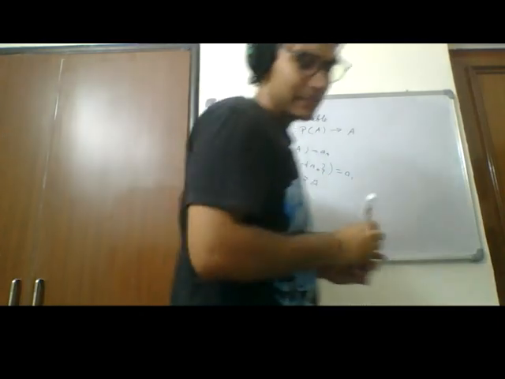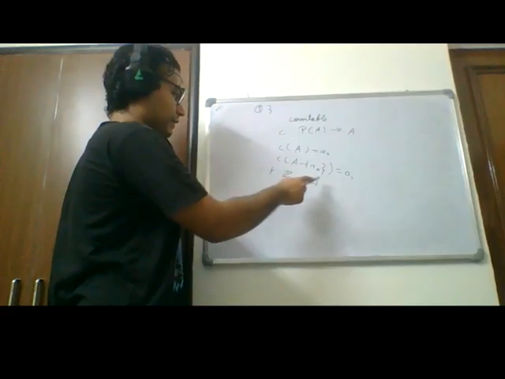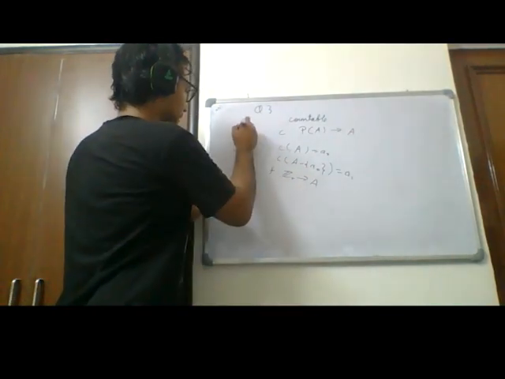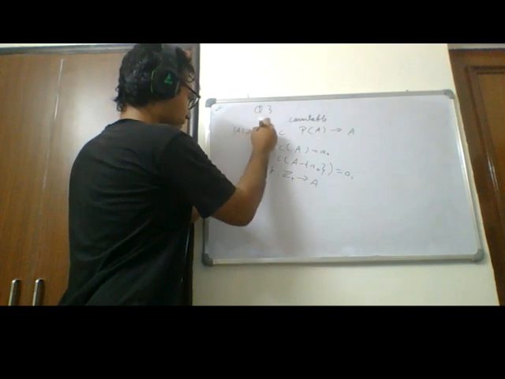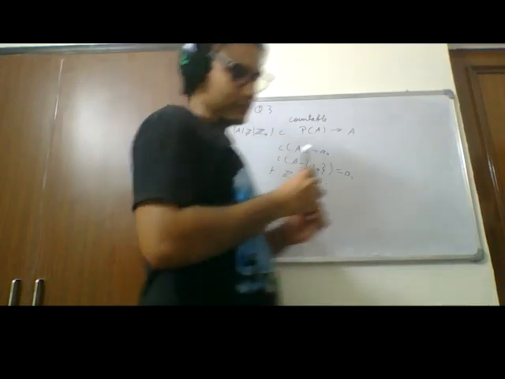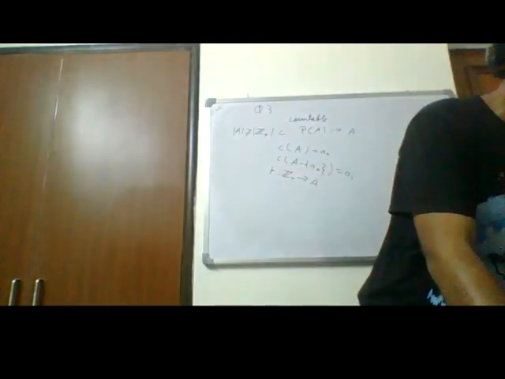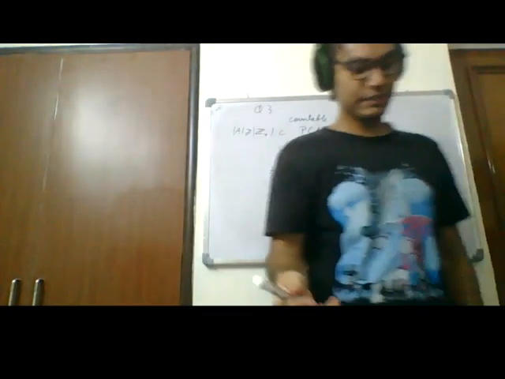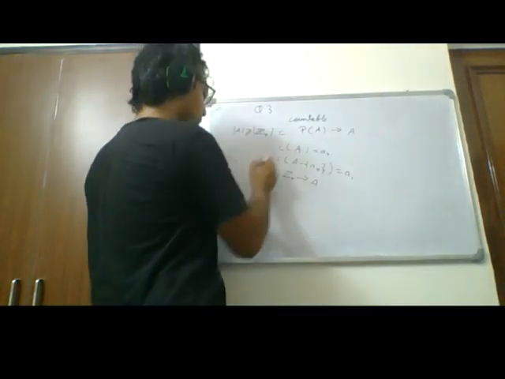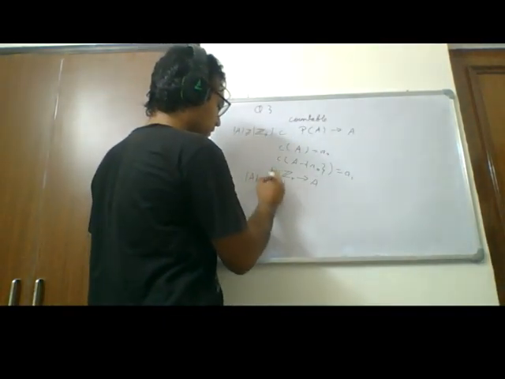What does that mean? That means A is of greater cardinality than Z plus. What I have been saying the whole time. So if every uncountable set has greater cardinality than Z plus, now we just have to show transitivity of this.